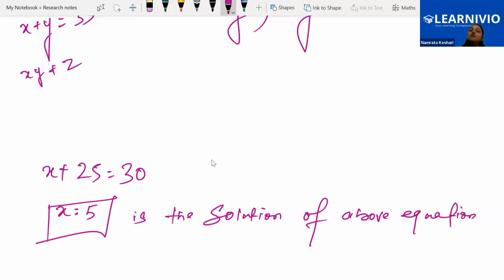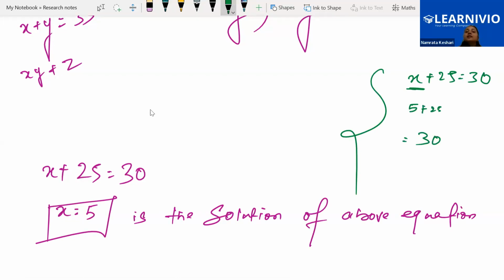Now, what is the meaning of solution? When we substitute 5 in our equation, x plus 25 is equal to 30, on the left hand side we get the right hand side. That is the meaning of the solution. It will satisfy our equation.